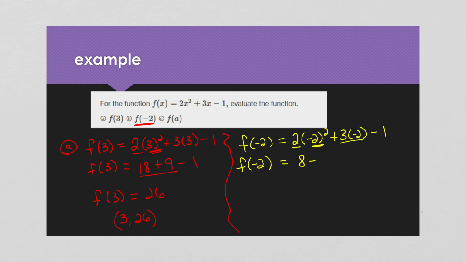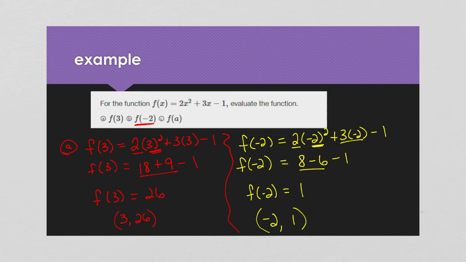This is minus 6 minus 1. So 8 minus 6 is 2. 2 minus 1 is 1. So my ordered pair would be my input is negative 2, my output is 1. My x is negative 2, my y is 1.